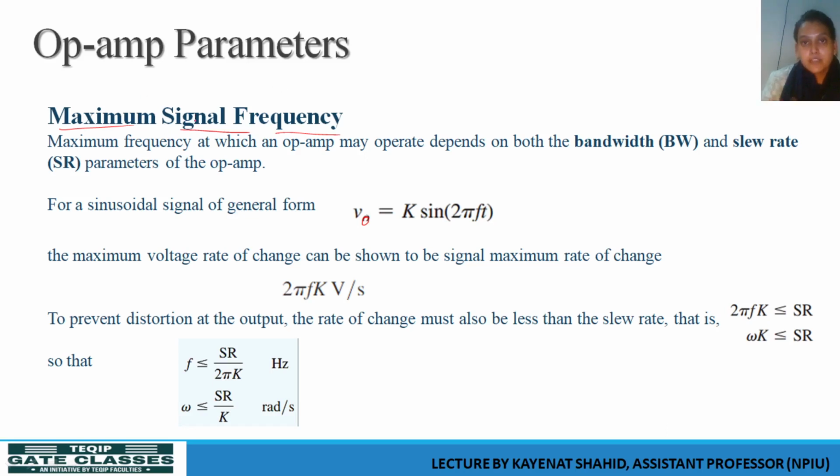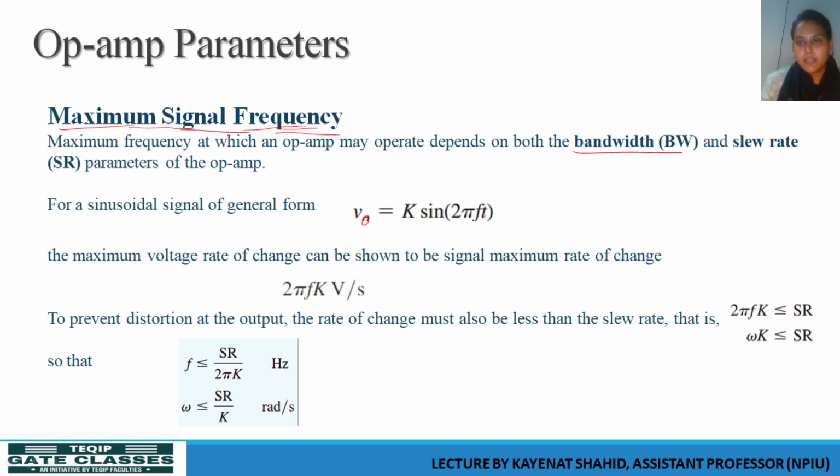So there is a range of frequency at which the operational amplifier works well, and we call that the maximum signal frequency. It depends on the bandwidth.